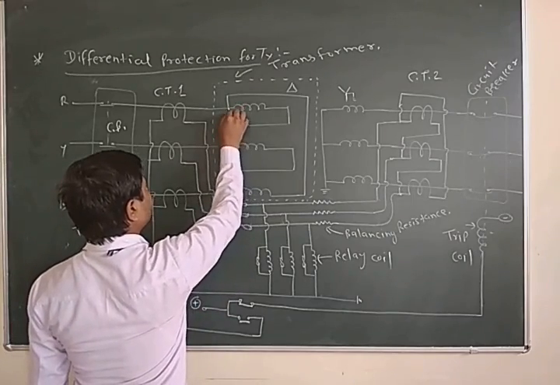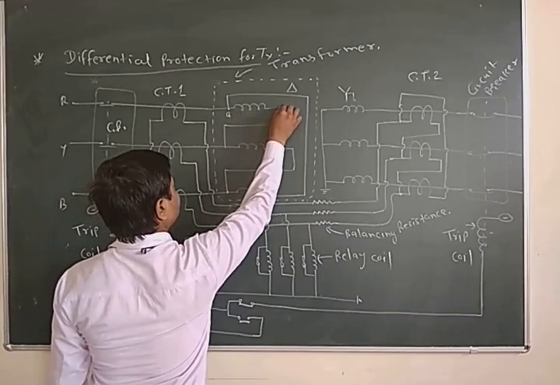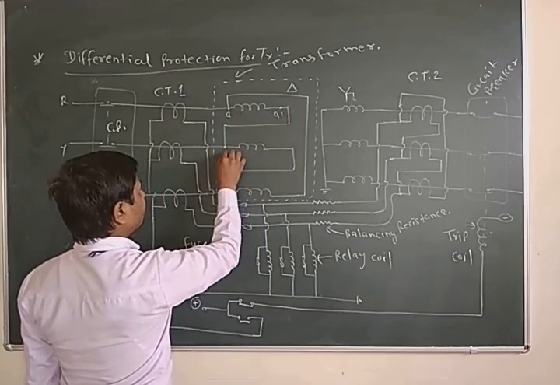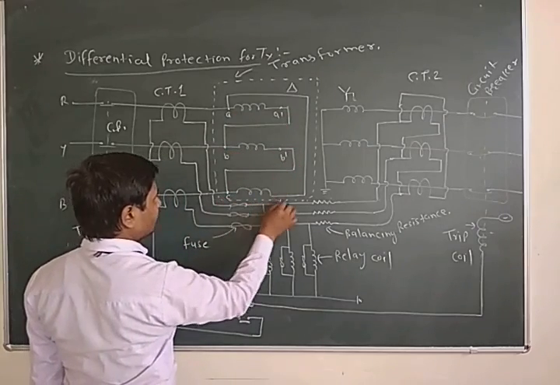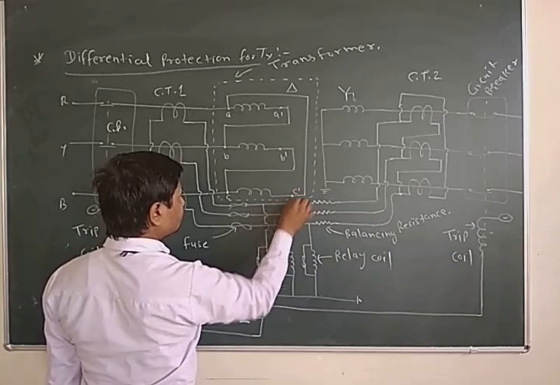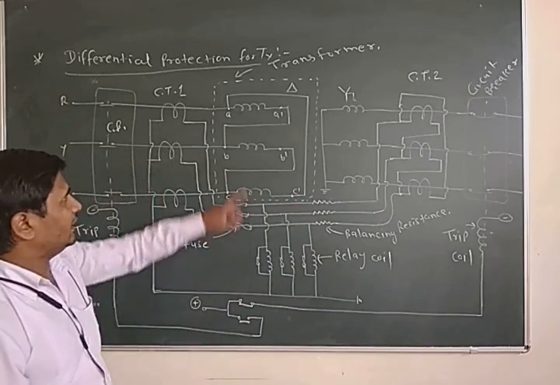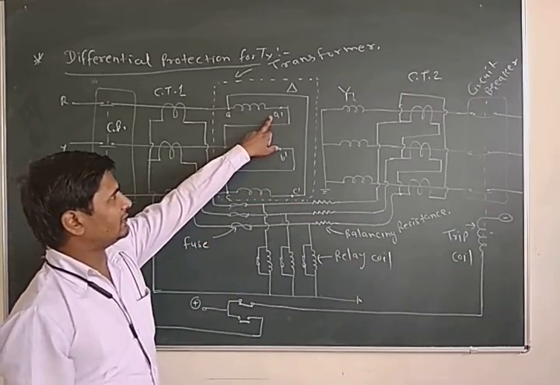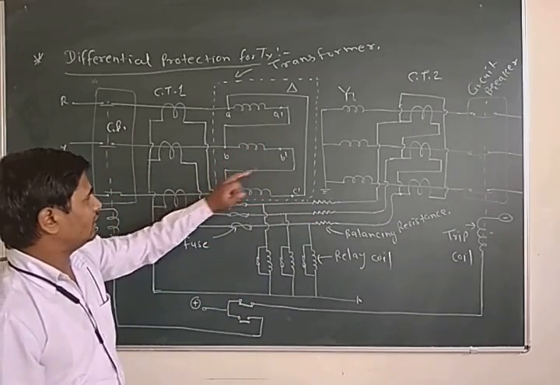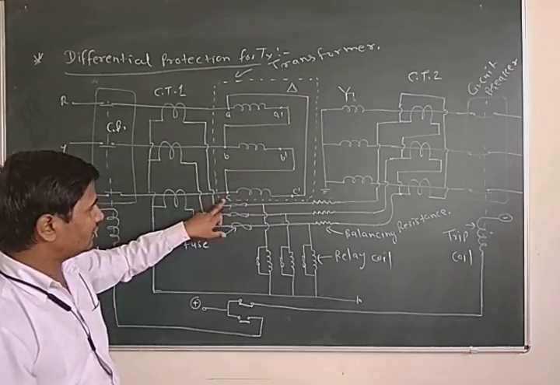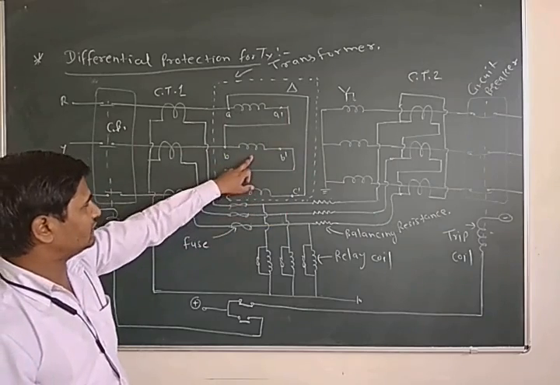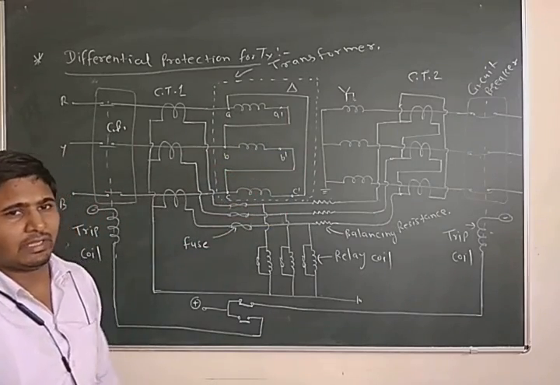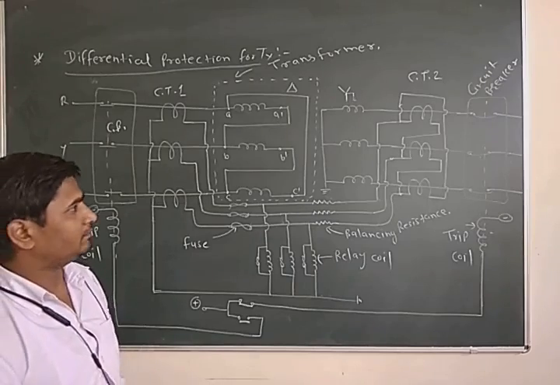The terminals are A dash, B dash, and C dash. Means in delta connection, A dash is connected to B dash, B dash is connected to C, and C dash is connected to A. This type of winding connection is known as delta connection.